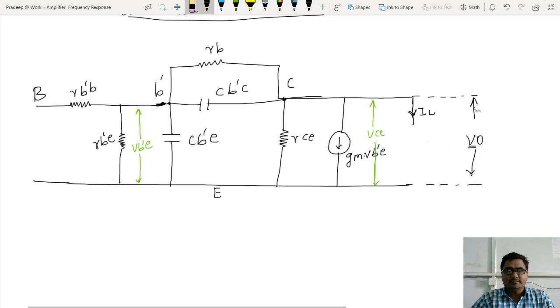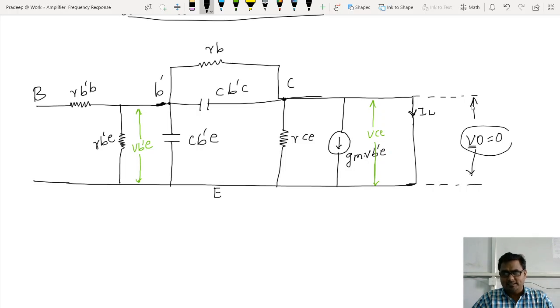Now what to do with this? Replace it with a short circuit. See, I have replaced it with a short circuit. So obviously, when RL is replaced with the short circuit, the value of output voltage will automatically become 0. That can be neglected. It will vanish.